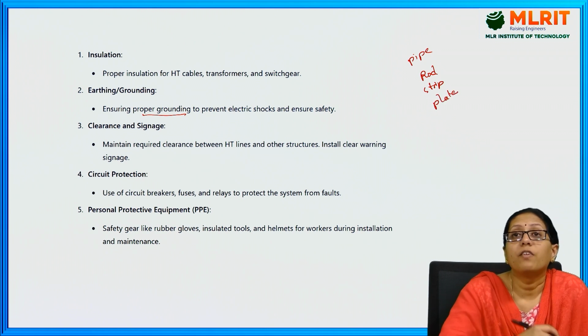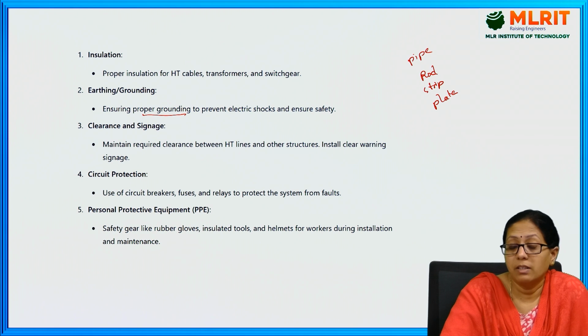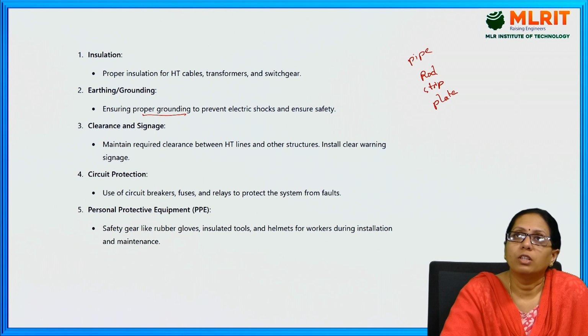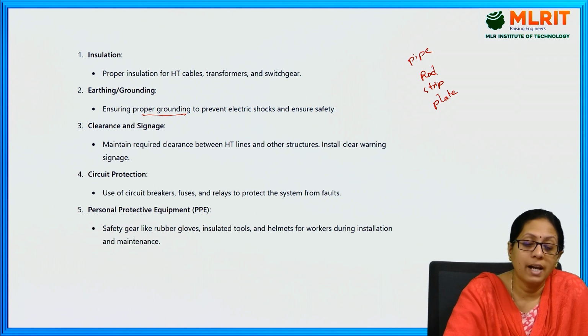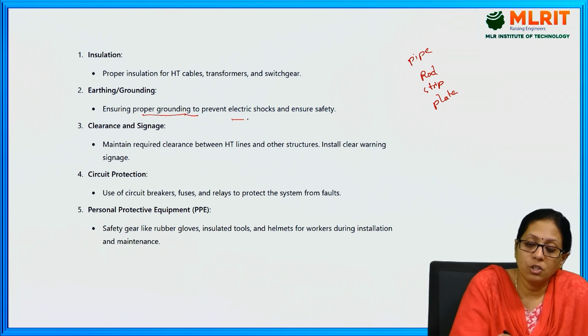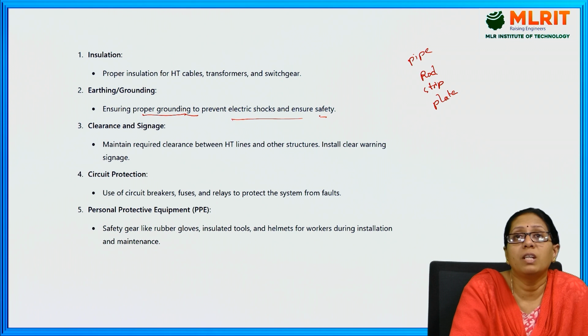So different types of earthing are there based on the voltage or else based on the load. Different types of earthing can be used, and there should be proper grounding to prevent electrical shock and for safety purposes.